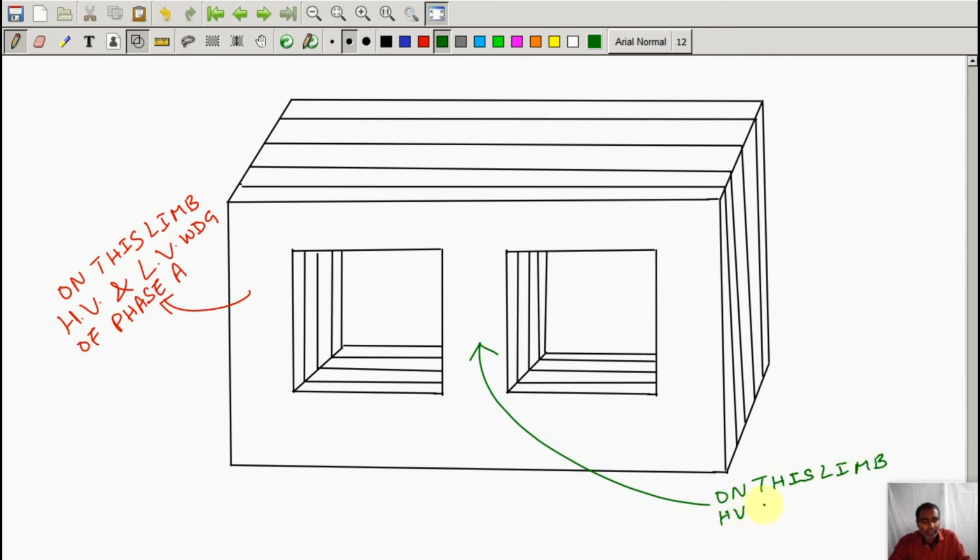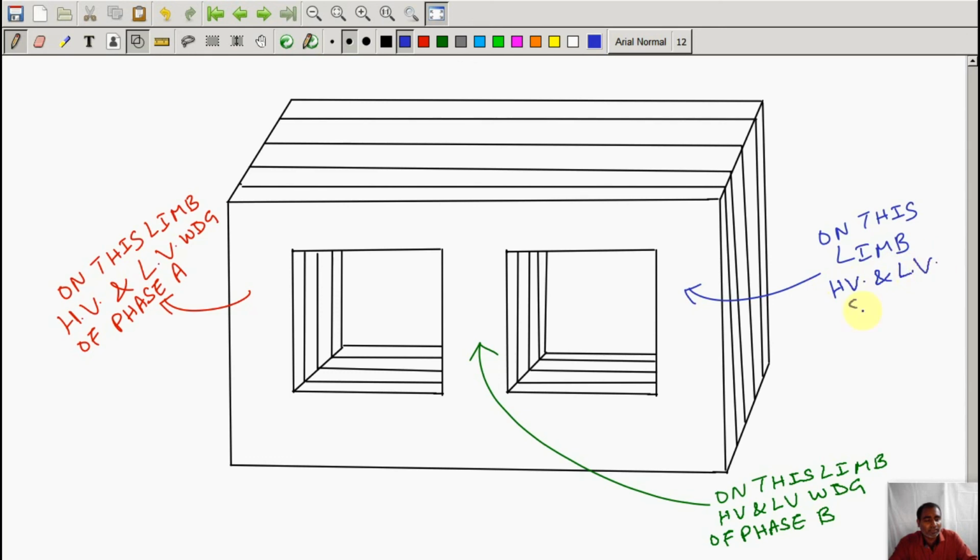HV and LV winding of phase B. And lastly, it is needless to say, but still we are writing, on this limb we are going to place the HV and LV winding, with WDG as the short form for winding.